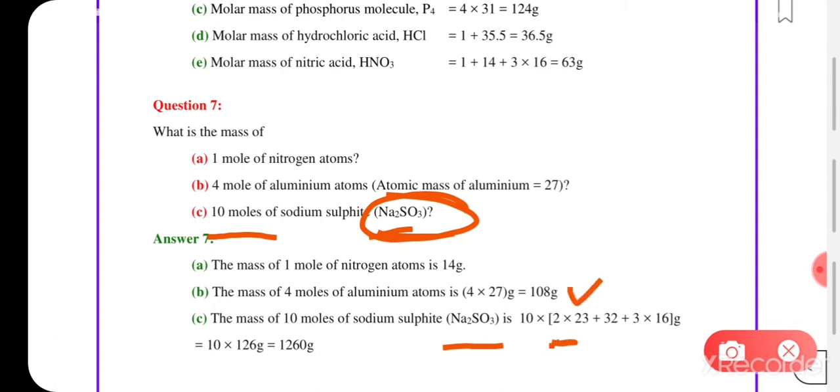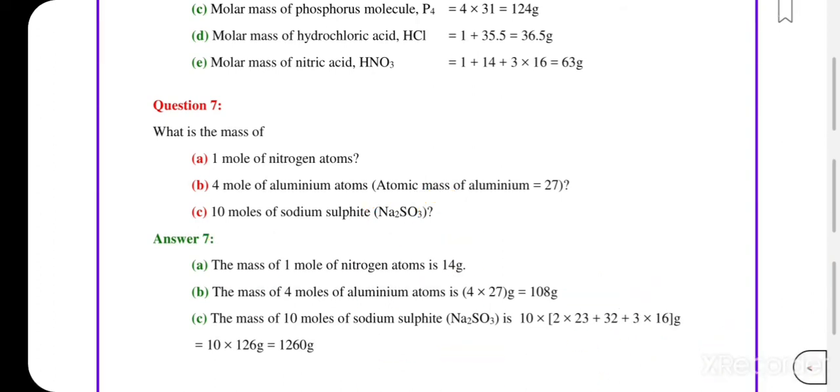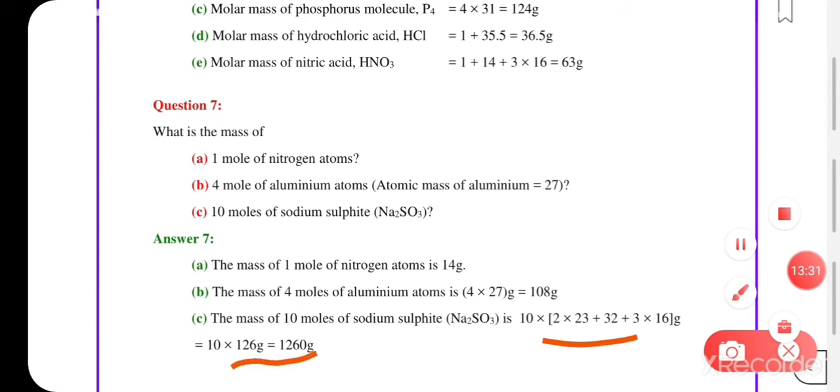Then sulfur, it is only 1, so we will add the atomic mass of sulfur, which is 32. Then oxygen atomic mass is 16, which will be multiplied by 3, because there are 3 atoms of oxygen present. Okay, so it becomes 126. So 126 has to be multiplied by 10 because they are asking you for 10 moles.